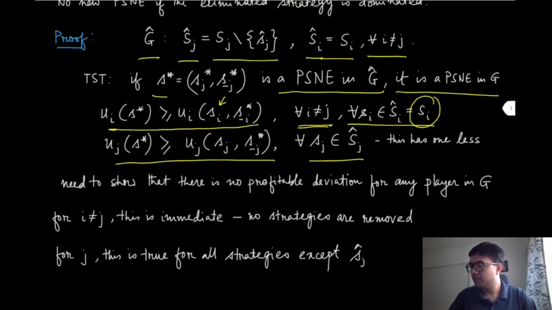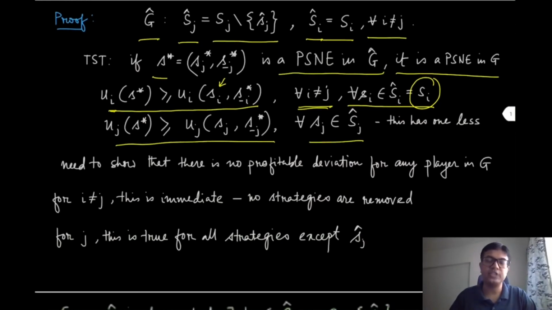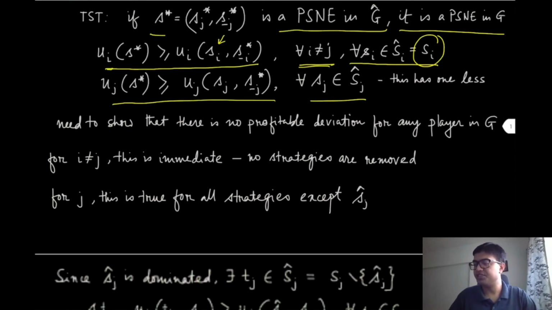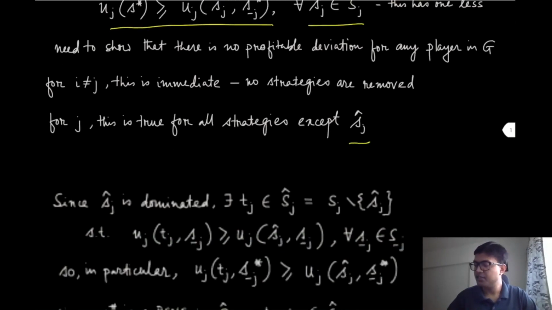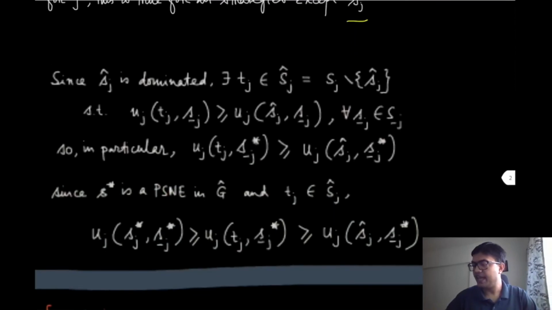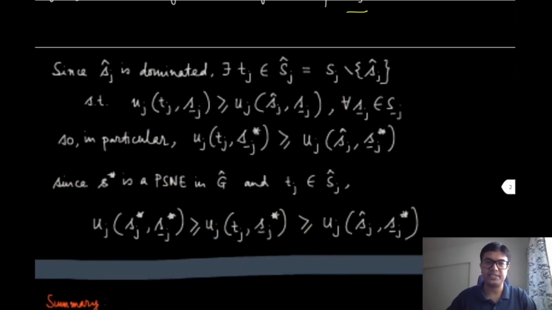Now we'll have to show that there is no profitable deviation for any player, including the player J. Now for these players, as we said, for I not equal to J, this is immediate. There is nothing that is changing. For J, this is true for all the strategies except SJ hat, right? Now since SJ hat is actually a dominated strategy, what can you say about that?